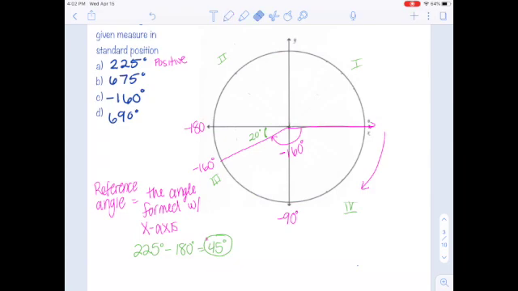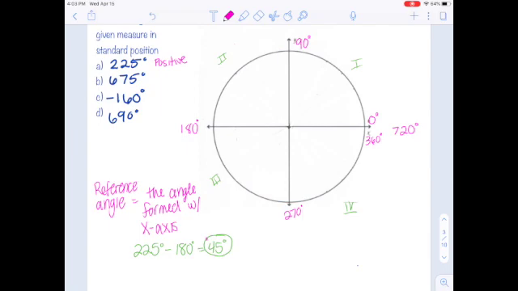All right, and our last, part D, is 690. So we're going back to positive spinning. Erase my negatives. All right, so 690, where would that put us? We would go 0 degrees, 90 degrees, 180 degrees, 270, and we're taking extra spins around our unit circle. So 360 degrees, keep going. It's going to get real close to 2 spins of 270 degrees.